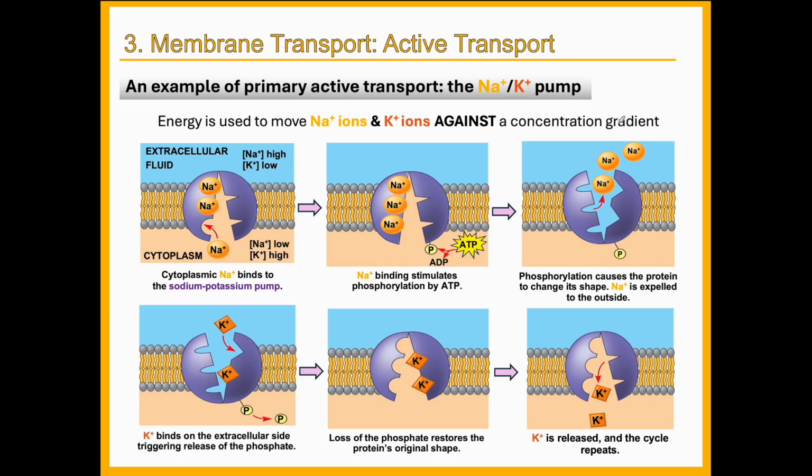And sodium is expelled out, right? Then potassium binds on the extracellular side, triggering the release of this phosphate. And then potassium gets shoved into the cell, right, where it's very high. So this happens over and over, and this pump is constantly pumping things against their gradient.